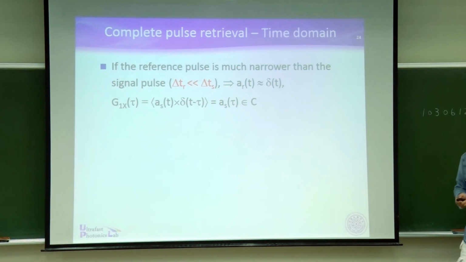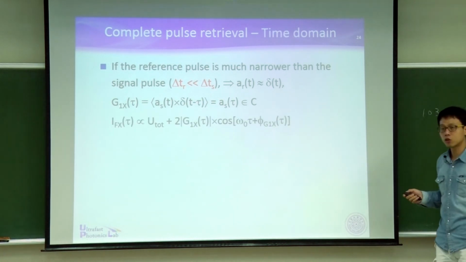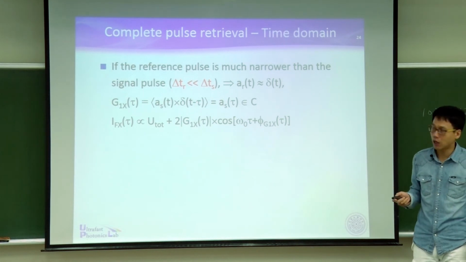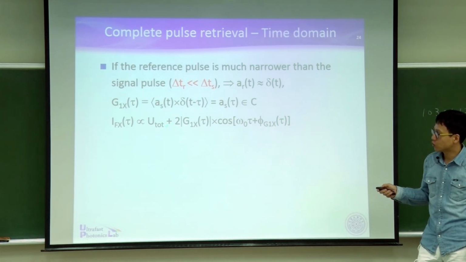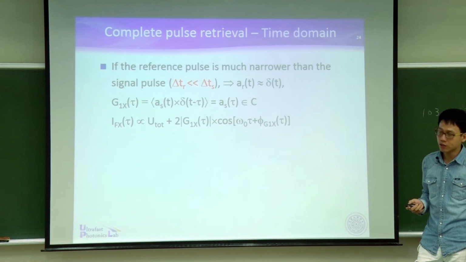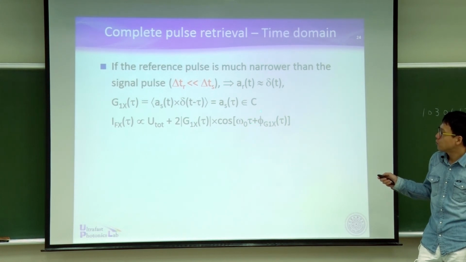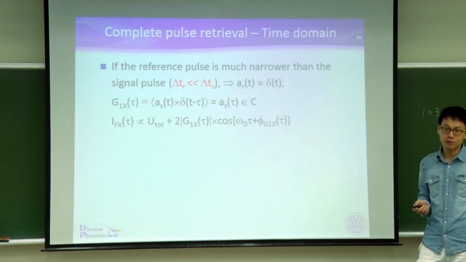So what is the corresponding raw data trace, IFX of tau? It's proportional to total pulse energy, a constant, plus 2 times the field cross-correlation function magnitude times cosine of omega 0 tau plus the phase of the cross-correlation function.